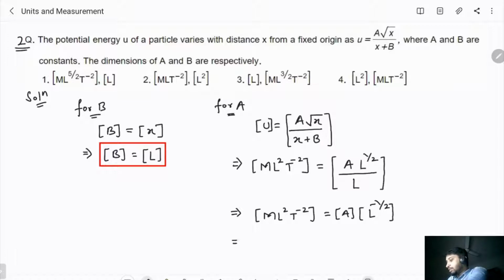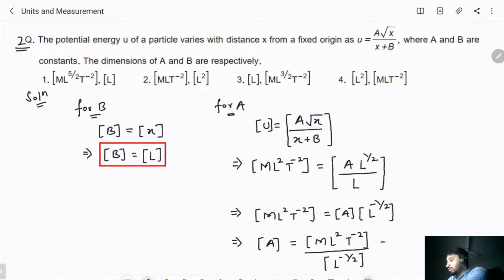So if we send L to the power minus 1 by 2 to the left side and write A on the LHS, it will become M into L square T to the power minus 2 divided by L to the power minus 1 by 2.